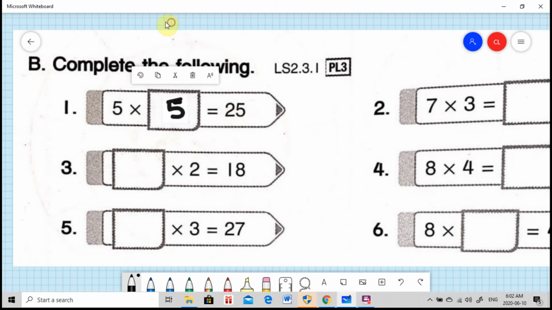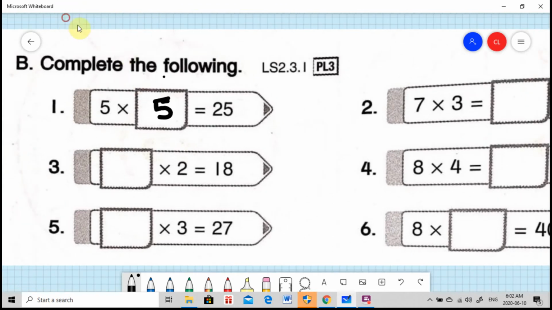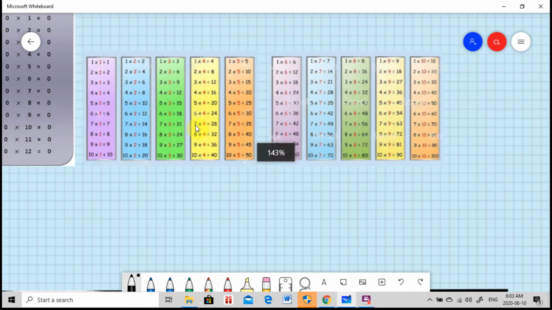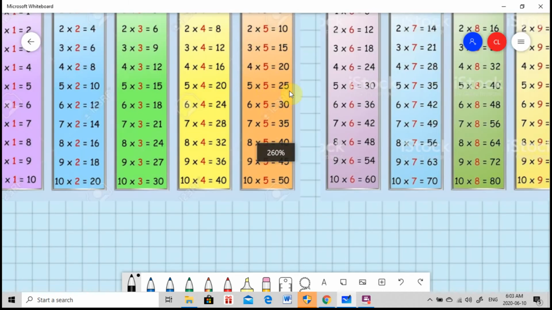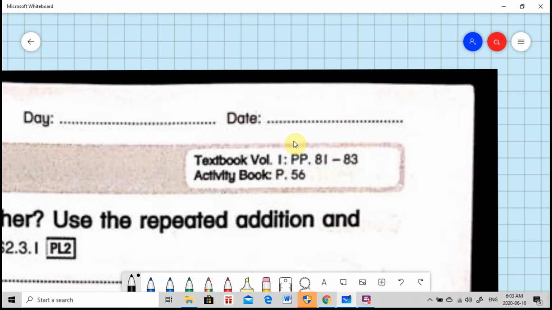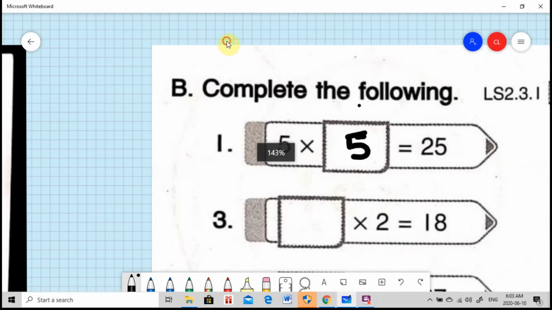Now, we can check here using the multiplication table. Right? So we have here 5 times 5 equals 25. Right? Now, let's do the next question.